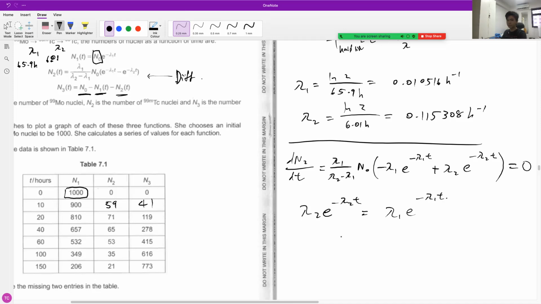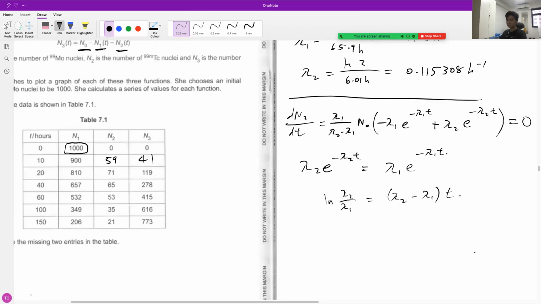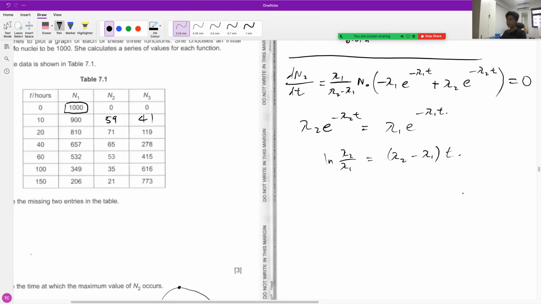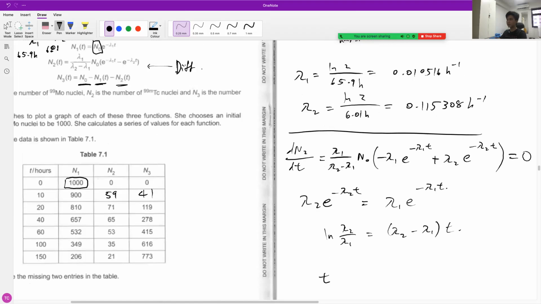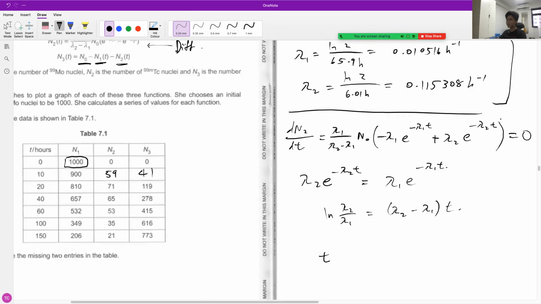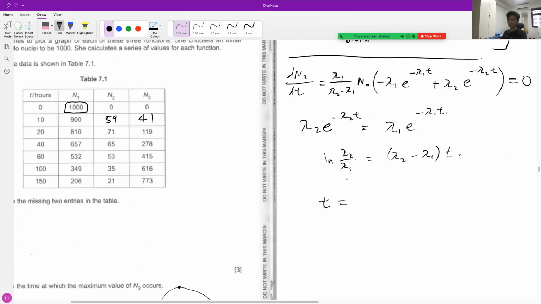So taking the ratio, we can obtain ln of lambda 2 over lambda 1 equals lambda 2 minus lambda 1 times t. And we have all the constants that we need. We can substitute our lambda 1 and lambda 2, which we have calculated here, into this equation, and we obtain t equals 22.8 hours.